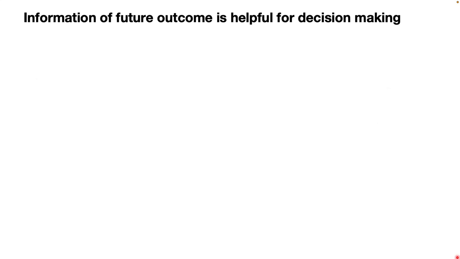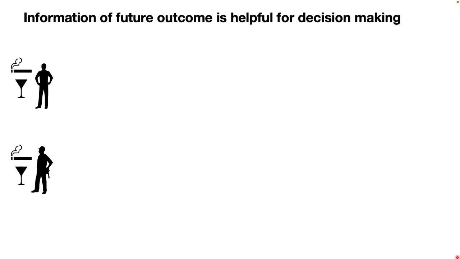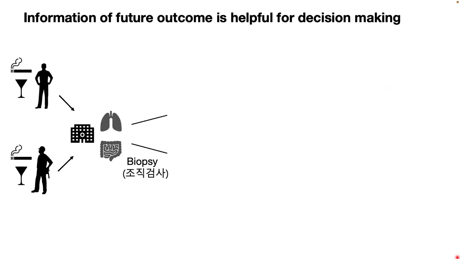So let's try with some simple illustration. There are two people and both enjoy drinking and smoking. So they visit the hospital, and in the hospital they will do a kind of biopsy, like 조직검사.